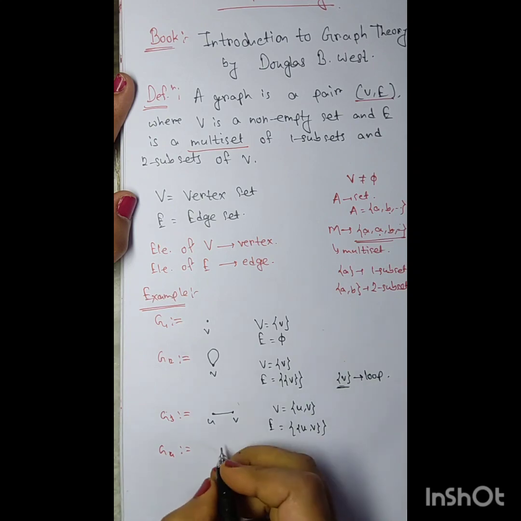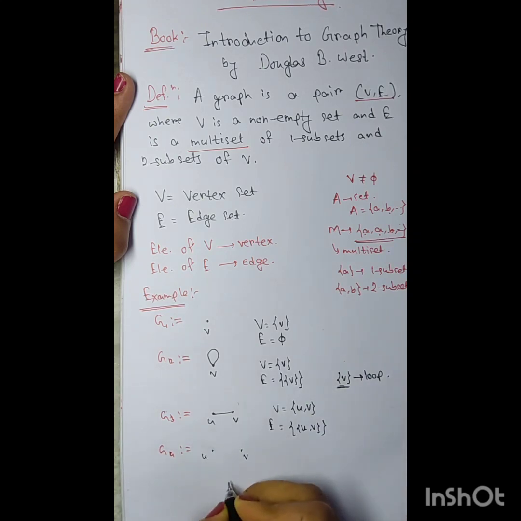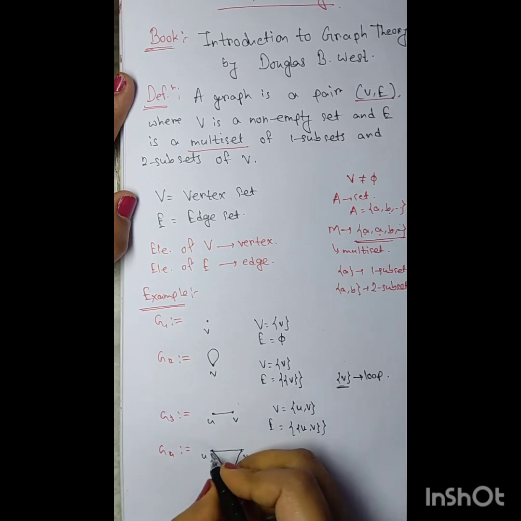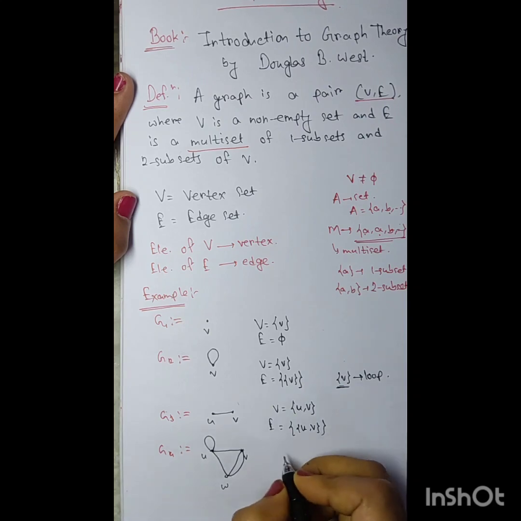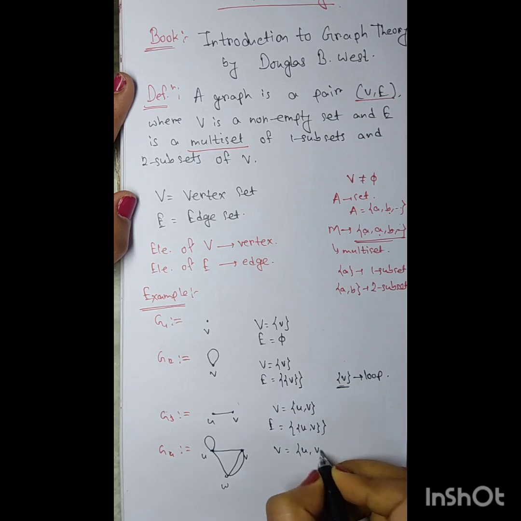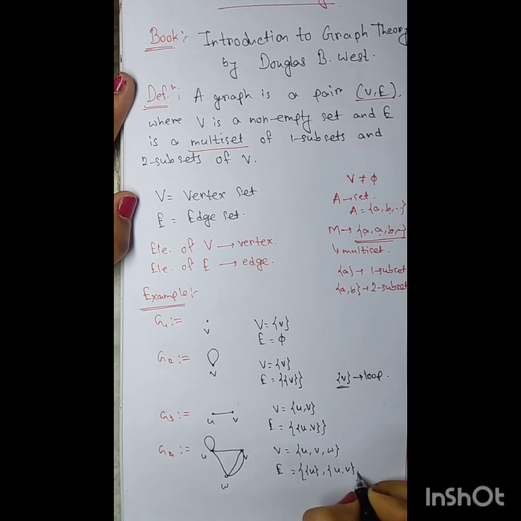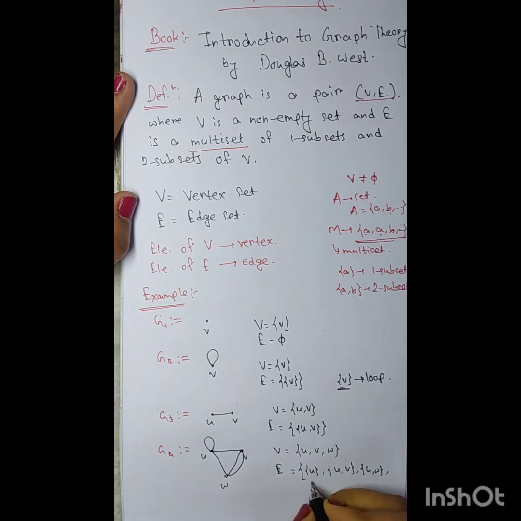Say with three vertices u, v and w, and here there is a loop, and also between v and w there are two edges. Here the vertex set is {u, v, w}, and the edge set has a one-subset {u}, a two-subset {u, v}, another two-subset {u, w}, another two-subset {v, w}, and another two-subset {v, w}.